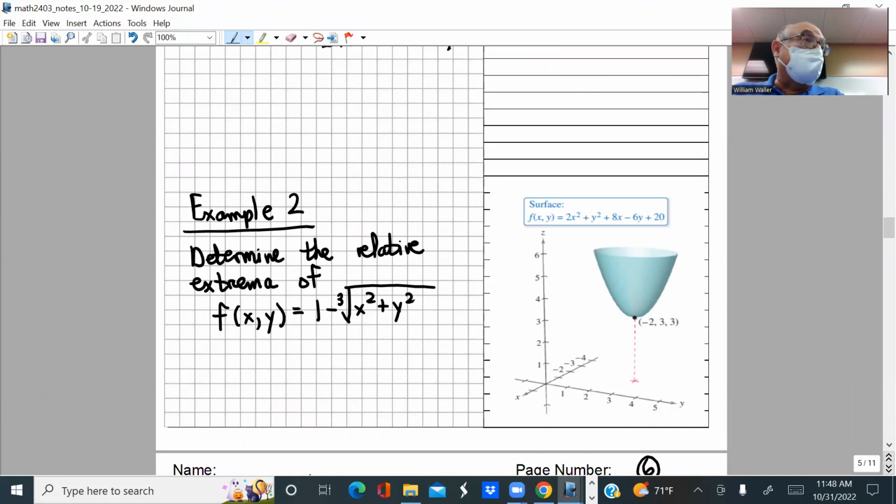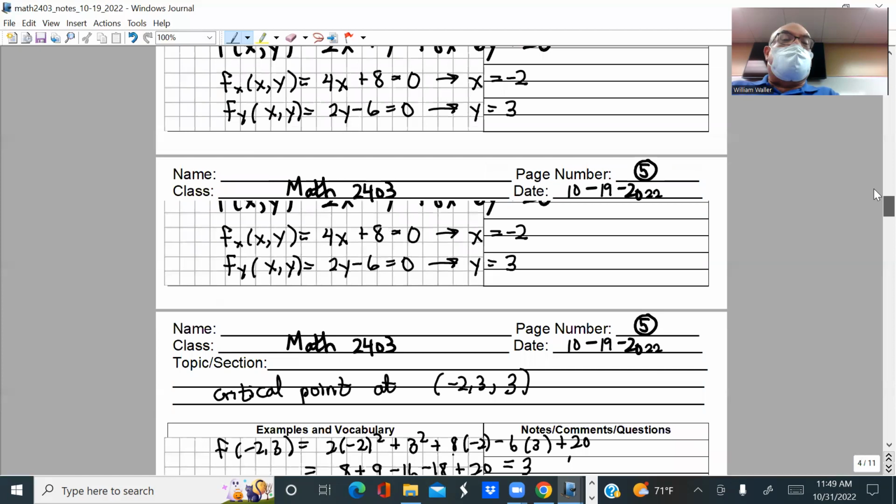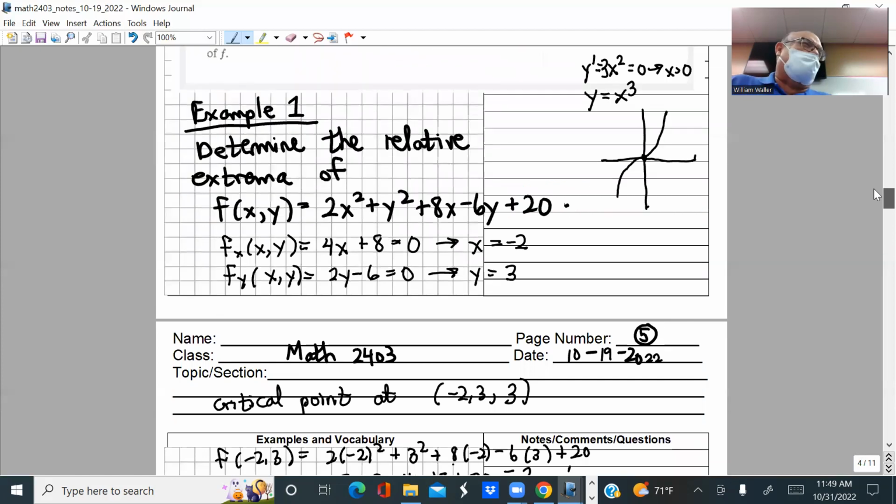So you definitely have a valley point there, definitely have a local minimum, but in fact, that's an absolute minimum because this surface never gets below this point anywhere, right? Okay, at all. So the minimum z output for the whole surface is 3. All right. So that first example is kind of the standard problem for extrema.